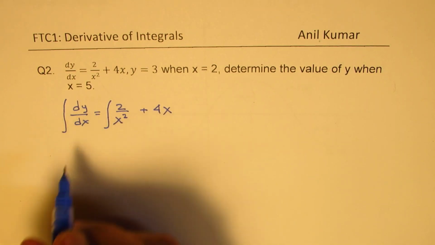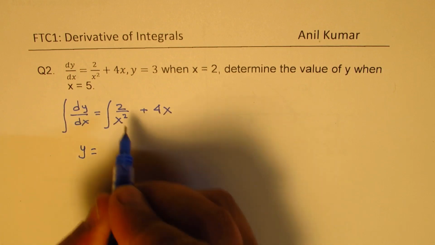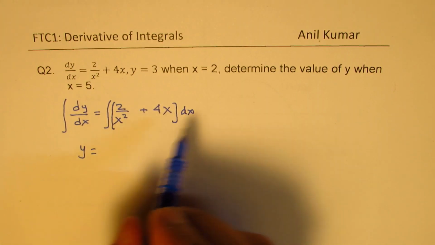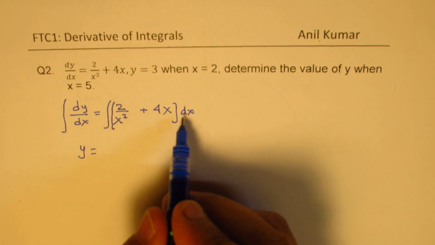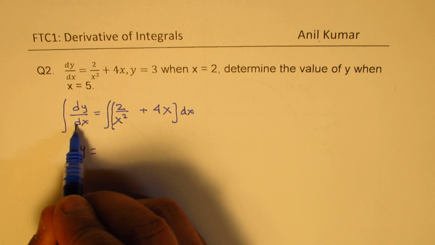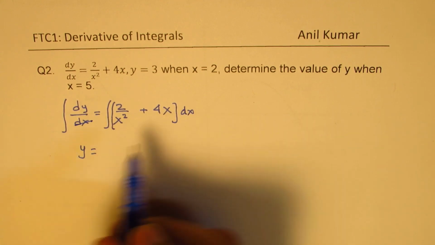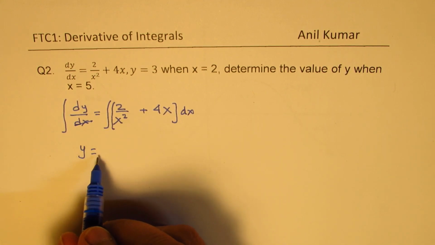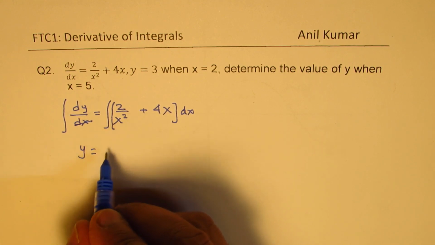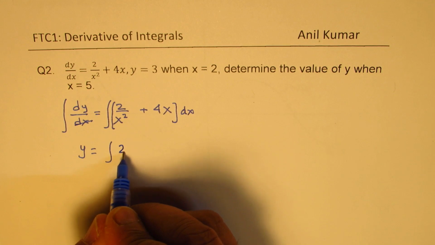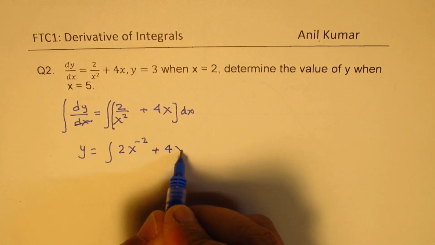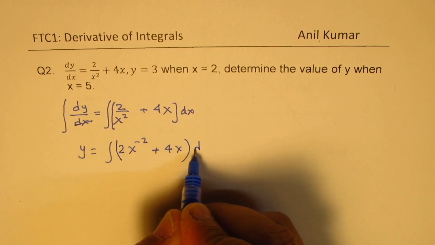So when we integrate both sides, we take dx to that side and integrate. So y equals the integral of 2 times x to the power of minus 2 plus 4x dx.